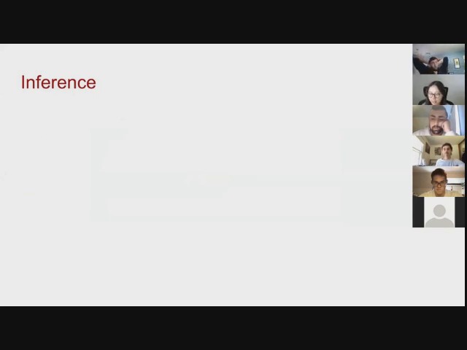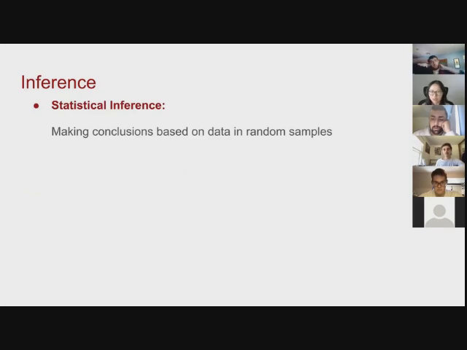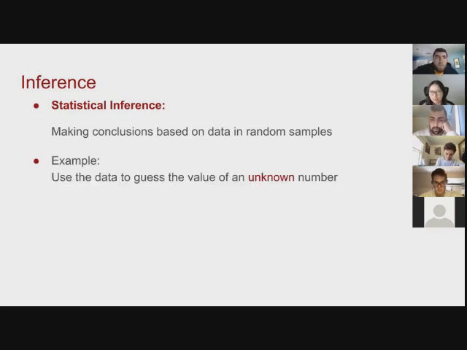In that kind of scenario, we talk about statistical inference as making conclusions based on the data in random samples, because in this case, the population is unknown. So what we're doing here is using the data to guess the value of an unknown number from the population.